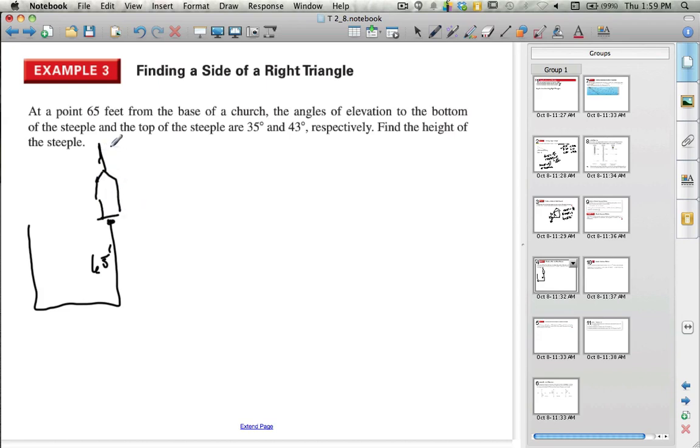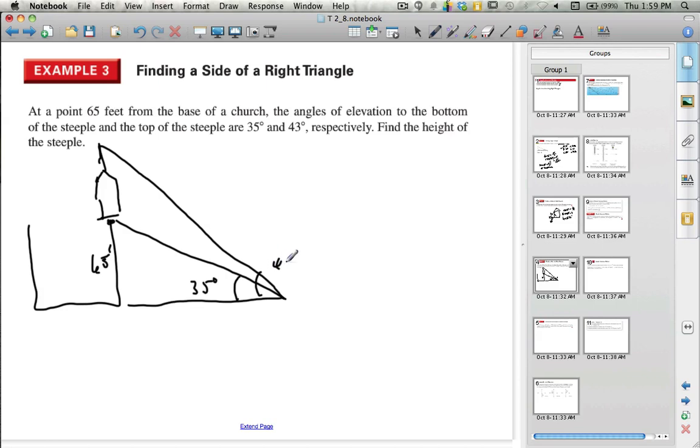There's another steeple, and I have a different measurement there. At a point 65 feet from the base of a church, the angles of elevation to the bottom of the steeple and the top of the steeple are 35 degrees, and this larger angle is 43 degrees, respectively. Find the height of the steeple.